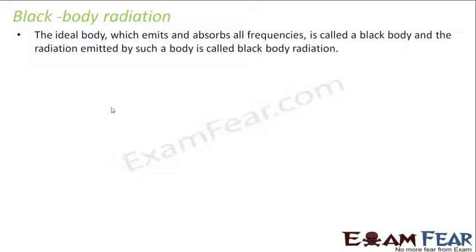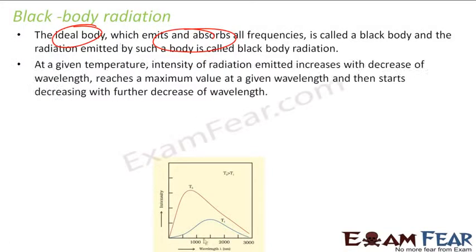The black body radiations: if you see, what is a black body? A black body is nothing but an ideal body which emits and absorbs all frequencies. They are called black bodies. And we have seen with experiments that at a given temperature, the intensity of radiation emitted increases and then decreases with a decrease of wavelength, and reaches a maximum value.